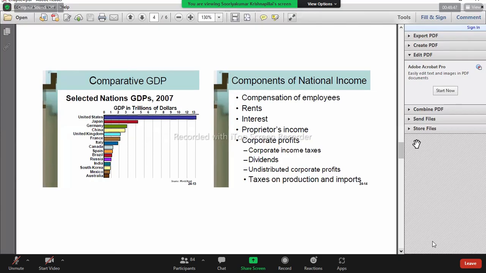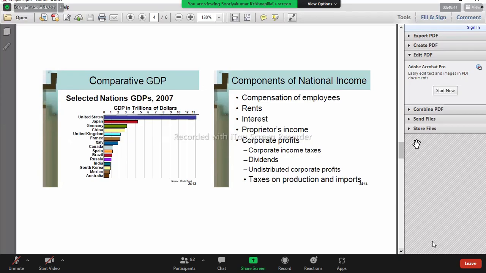The corporate profit includes three components: corporate income taxes, since from that corporate profit the corporation should pay income tax to the government; dividends, where the company pays the shareholders some money yearly or quarterly; and undistributed corporate profit. The company doesn't give the shareholders all the profit as dividends, only part of the profit every year.